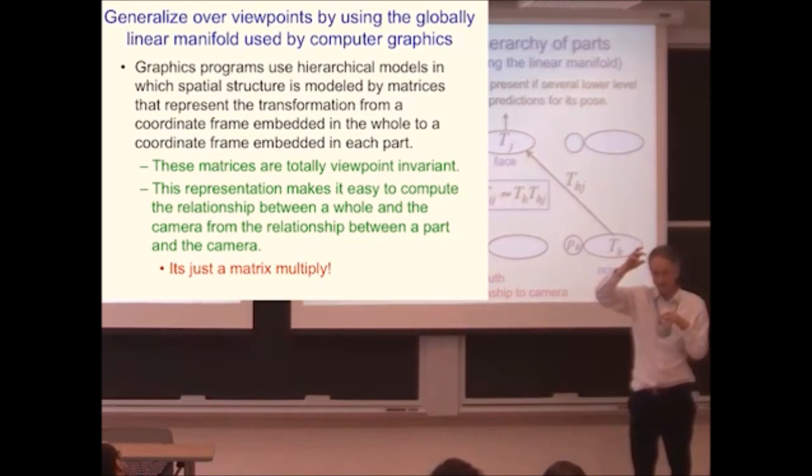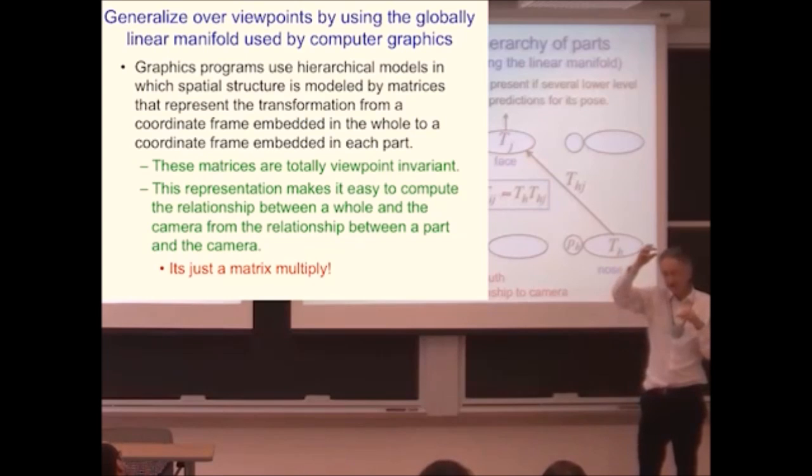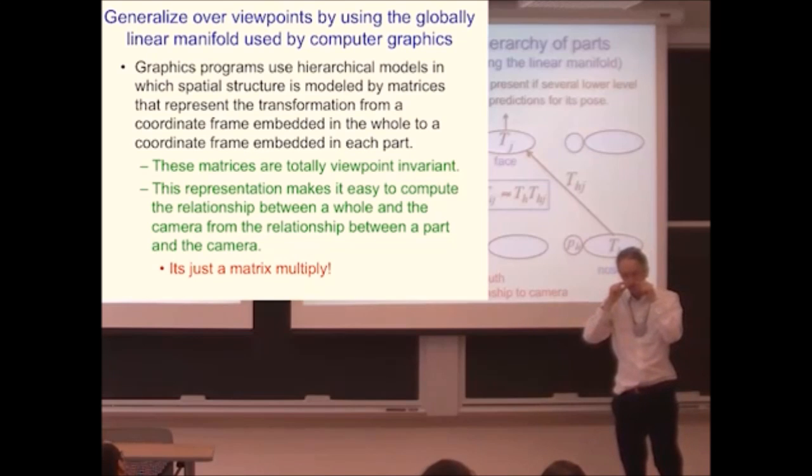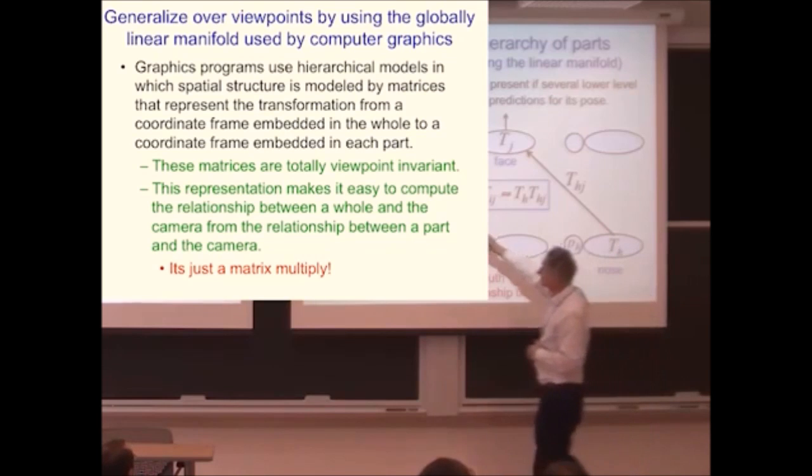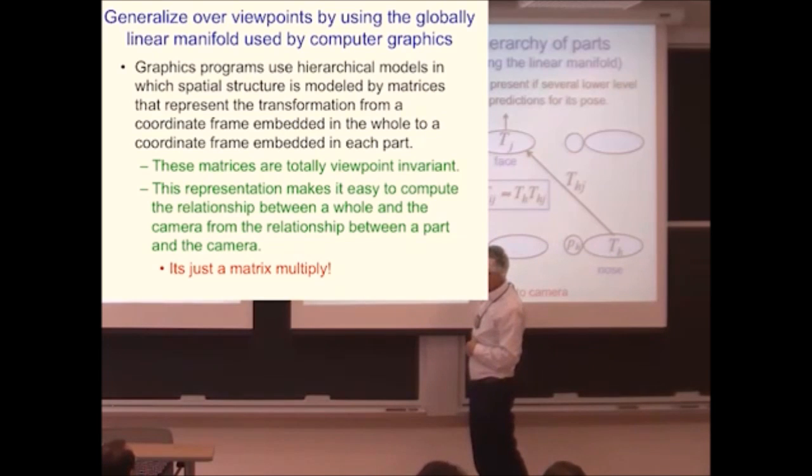I multiply by the same matrix here, because this matrix represents the relationship between a mouth and a face. And that is something that is genuinely viewpoint invariant. How your mouth is related to your face doesn't depend on viewpoint. That's just an intrinsic property of the face.